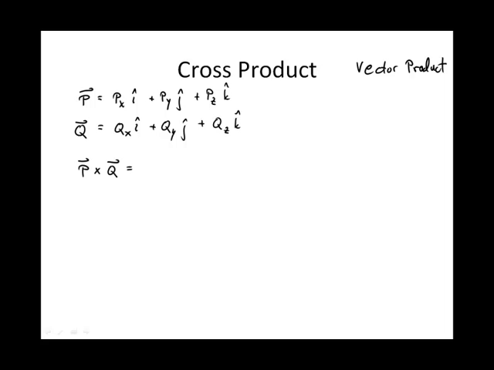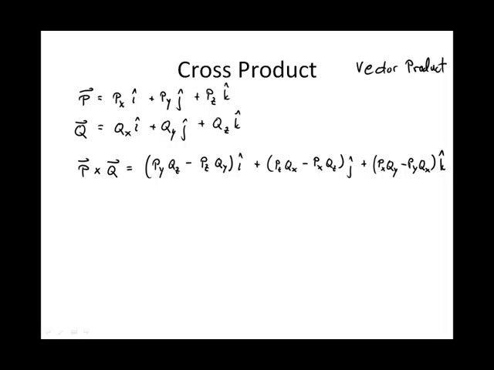So p cross q then is going to be p sub y times q sub z minus p sub z times q sub y, all times i hat. So notice this is the x component, but these are y and z components, plus p sub z q sub x minus p sub x q sub z times j hat, so that's the y component, this is x and z, plus p sub x q sub y minus p sub y q sub x times k hat.